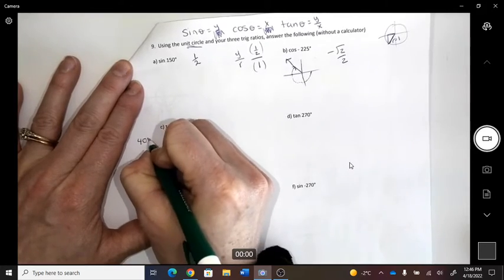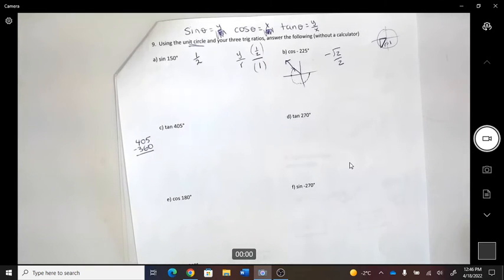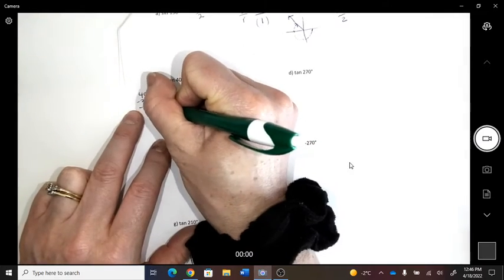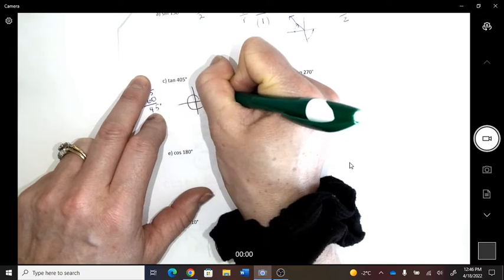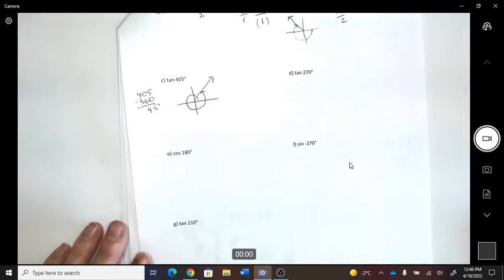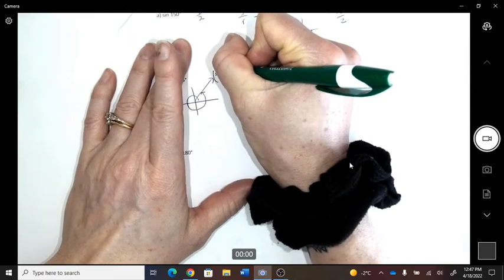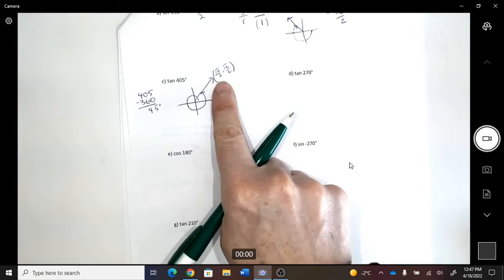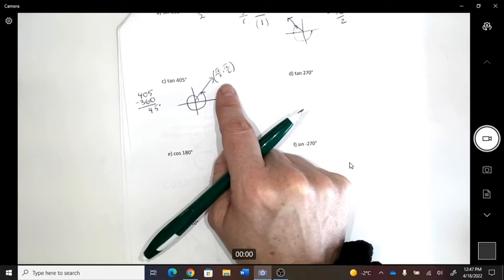Okay, so I don't have a calculator. So how much past a full circle am I here? So 45. Okay, so when I look on my unit circle, this is what I see on my unit circle. That's not my answer. I get lots of people who write me the coordinates as the answer.